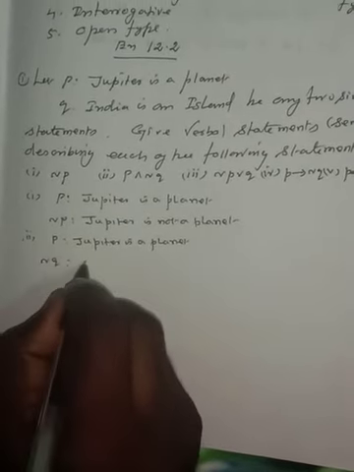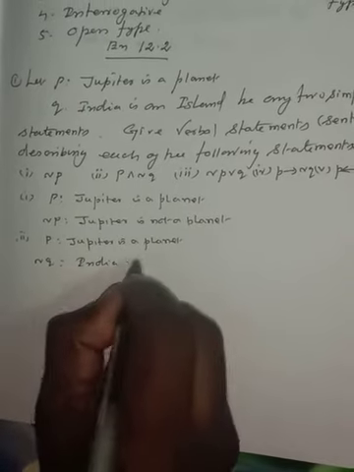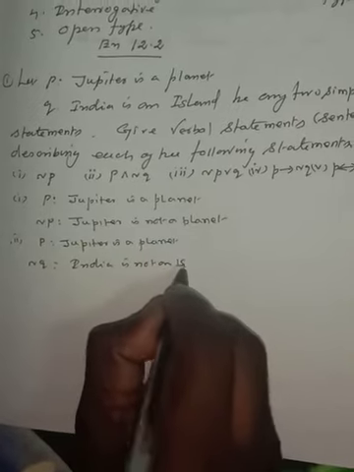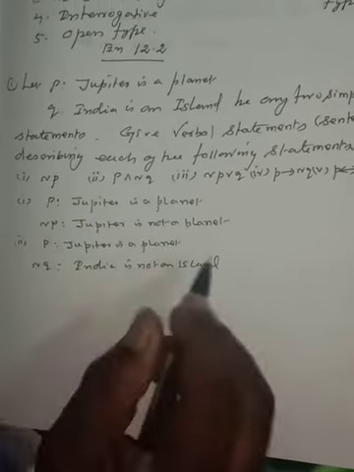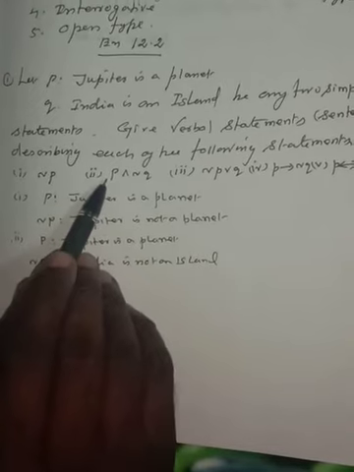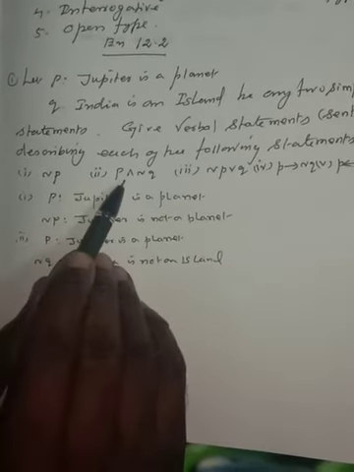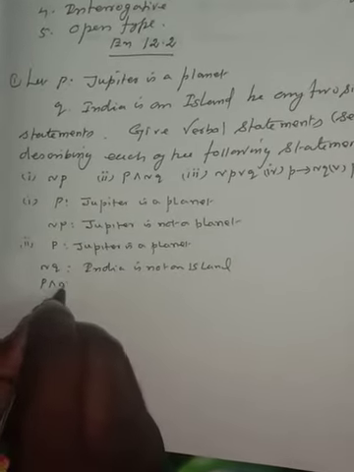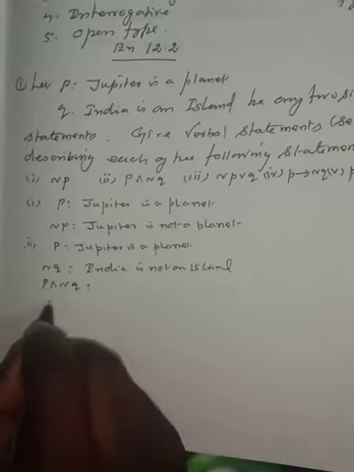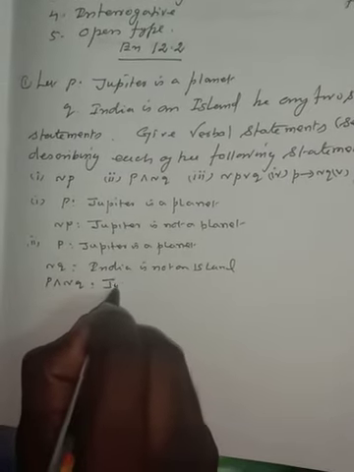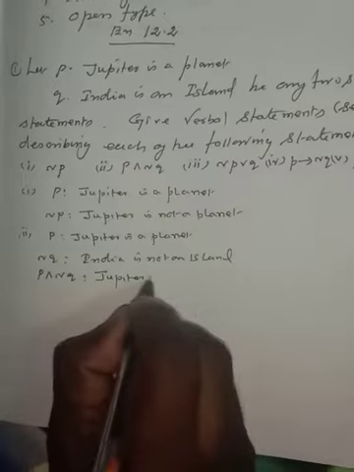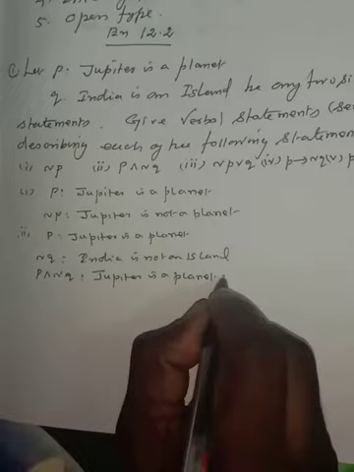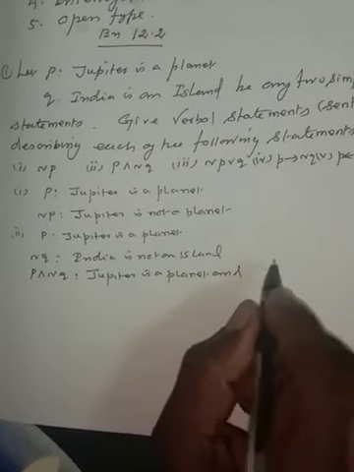The question is the first postulate and negation of the second postulate. P and negation of Q is: Jupiter is a planet and India is not an island.